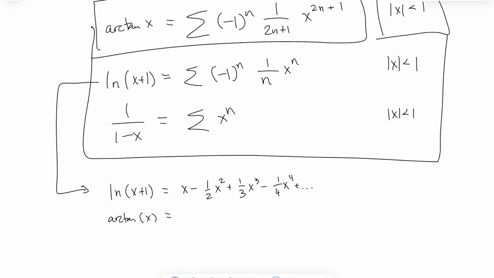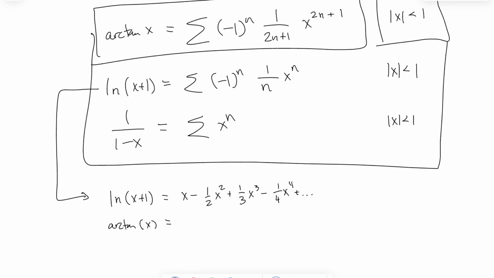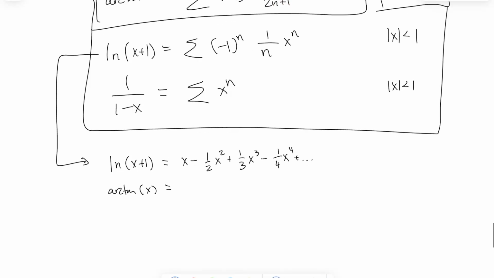Arctan of x is that formula at the top. Actually, it's almost the same. It's an alternating sum, but the stuff here is really the same, only the denominator is going to be odd every time. It starts off as 1 when n is 0, then 3, then 5. So what we get is x minus 1/3 x cubed plus 1/5 x to the 5 minus 1/7 x to the 7, etc.